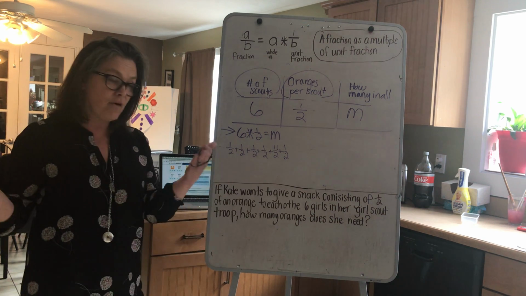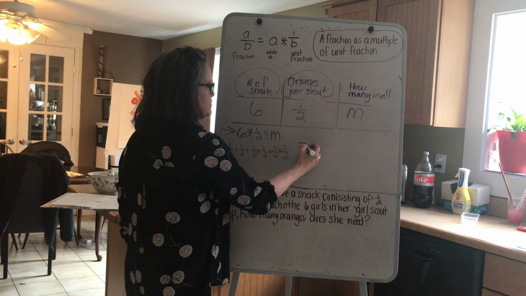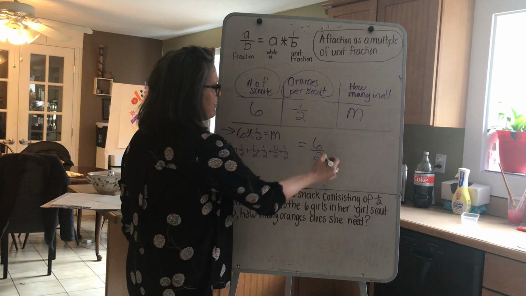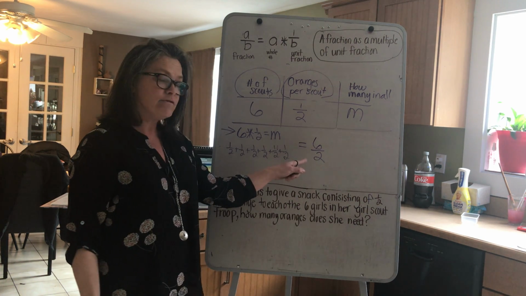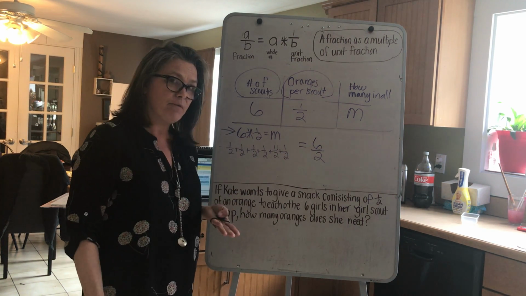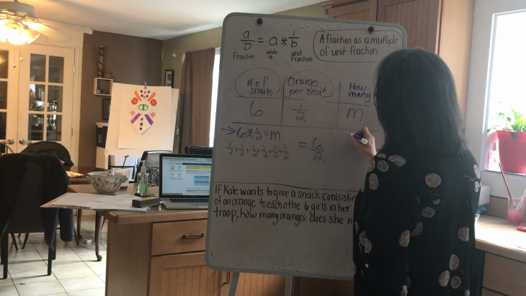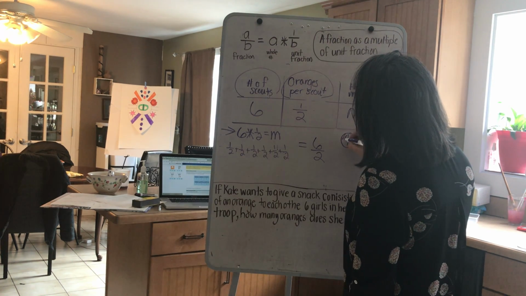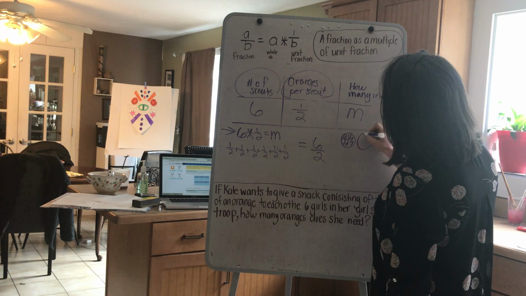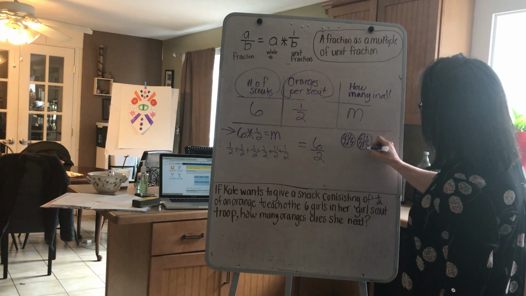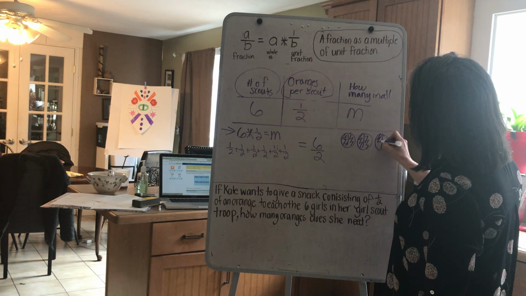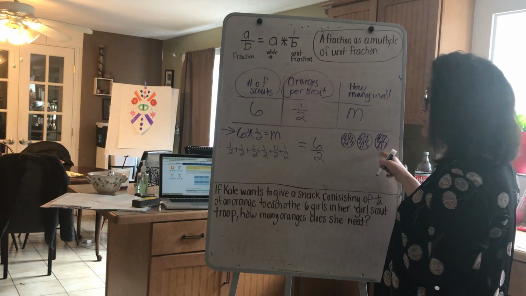So at the end, hopefully you end up with the correct answer, which is 6 halves. So how many actual oranges is that? If you have to draw a picture to get the answer, that's fine. We can just show it like this. Here's 1 half, 2 halves, 3 halves, 4 halves, 5 halves, 6 halves. So how many oranges do I end up with? 3.